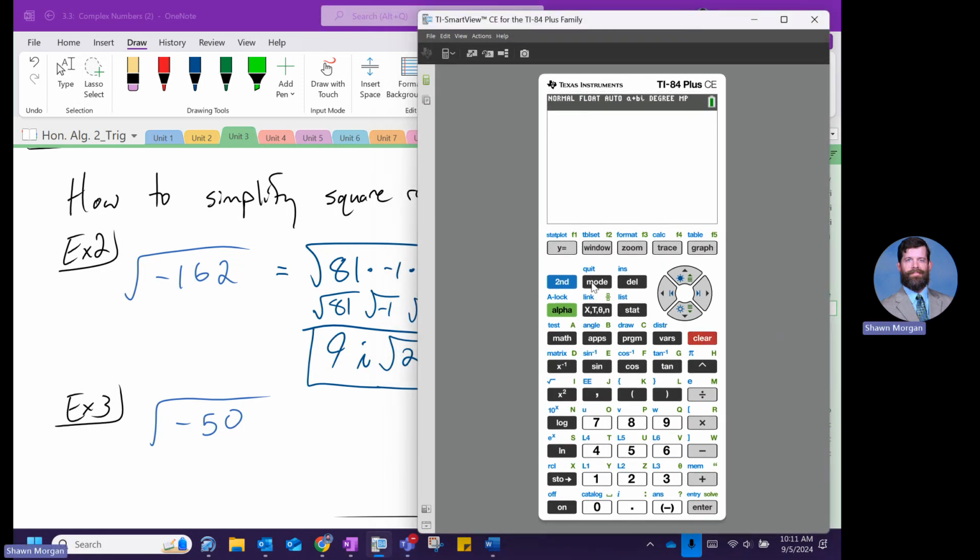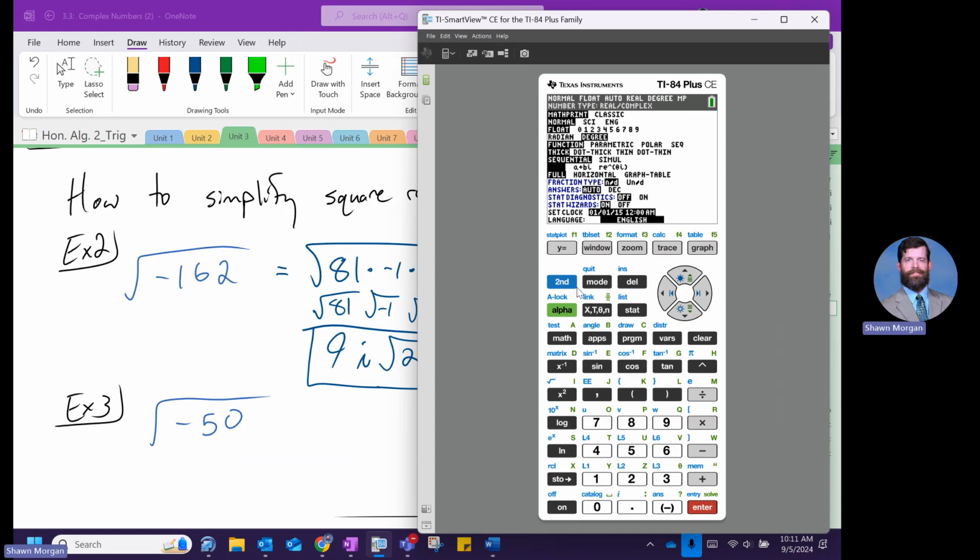All right, so I'm gonna hit the mode button and I want to notice, about halfway down the page, I'm in a plus bi mode. Now that's the default setting, a plus bi mode. Make sure your calculator is in that mode, okay? Because if it's in real mode, I'll get an error message when I try to take the square root of negative 50. I'll show you what I'm talking about.